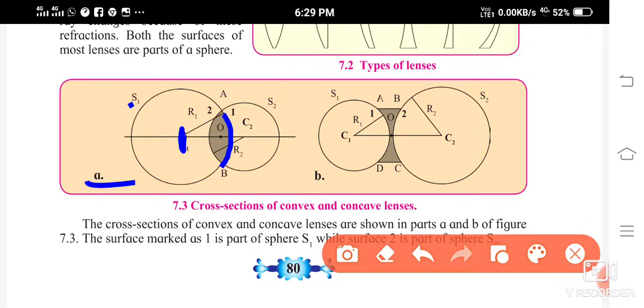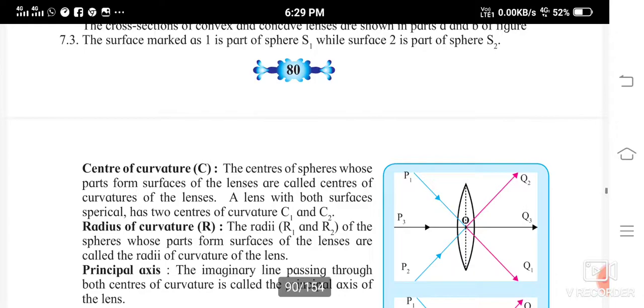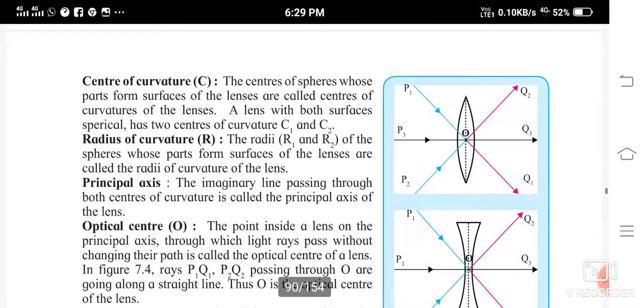That is the center of curvature C1. Now, the lens has two spherical surfaces, right? Now, this is one spherical surface, this is the other spherical surface. Now, the center of curvature for this imaginary sphere is C2, right? So, there are two centers of curvature, right? A lens is having two spherical surfaces, and that too it is having two centers of curvature C1 and C2.